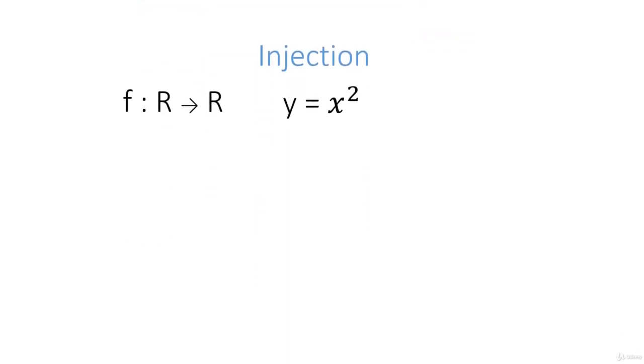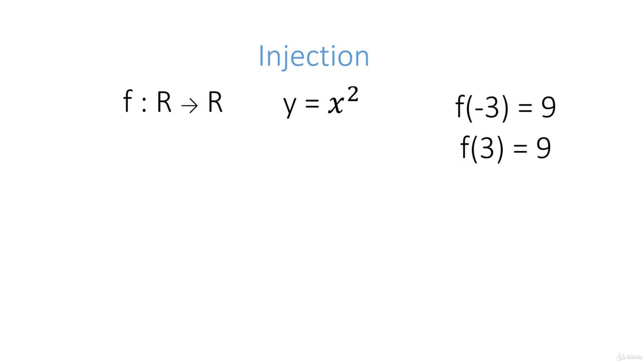A function can be injective. And what does that mean? Well, there are no two arrows pointing to the same element in B. There is always one arrow or none. So, for example, the function f that is defined as y is equal to x squared is not injective. Why?